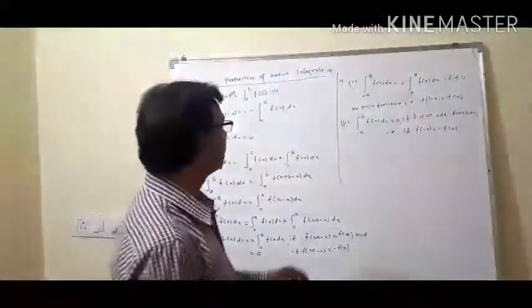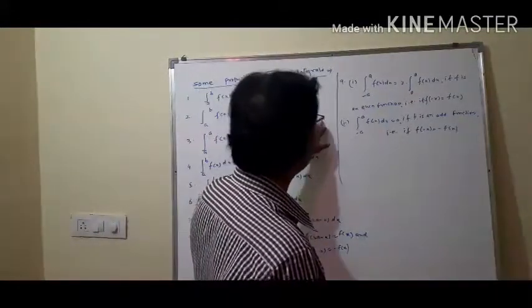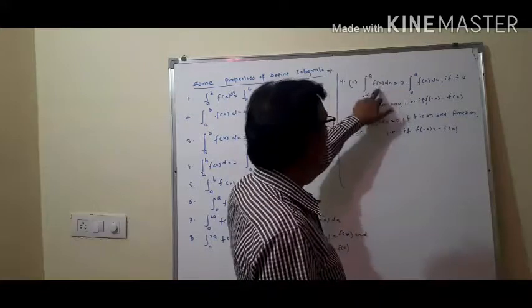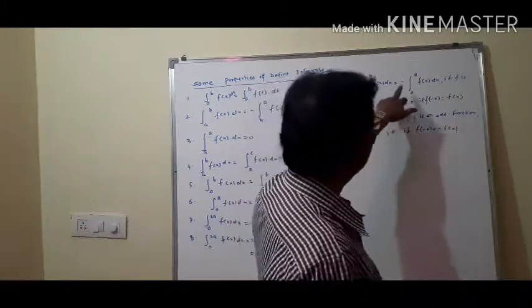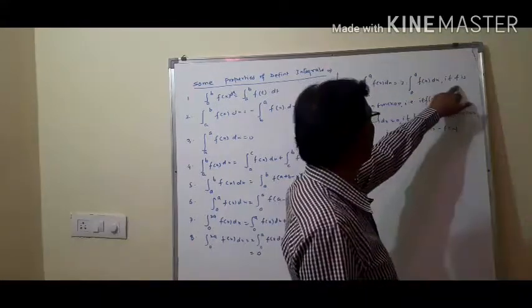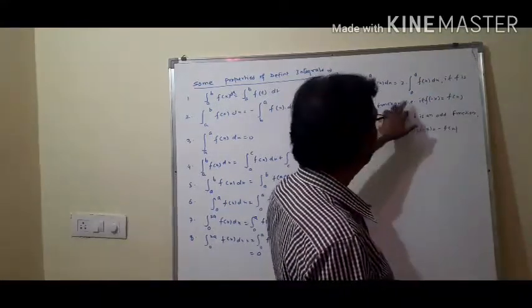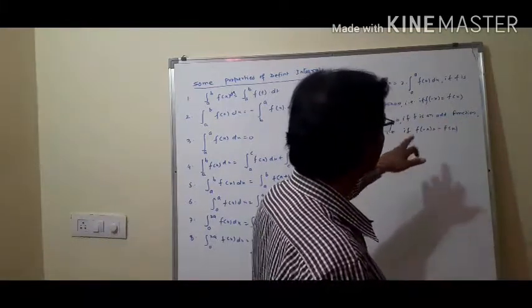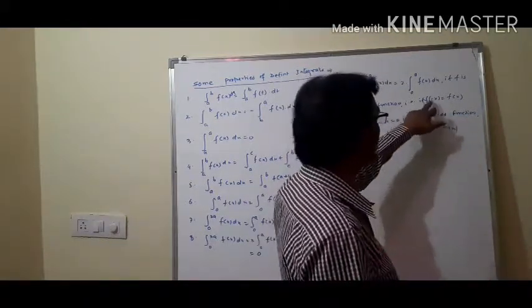And the last property of this definite integral: the integral from minus a to a of f of x dx equals 2 times the integral from 0 to a of f of x dx, if f is an even function. How do we check whether a function is even or odd? You should apply f of minus x.